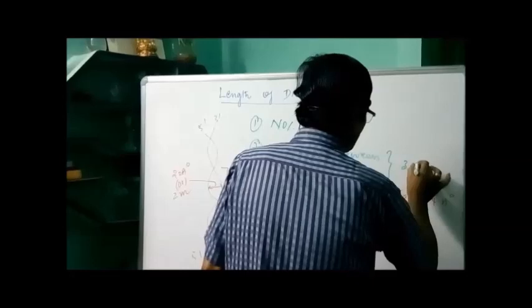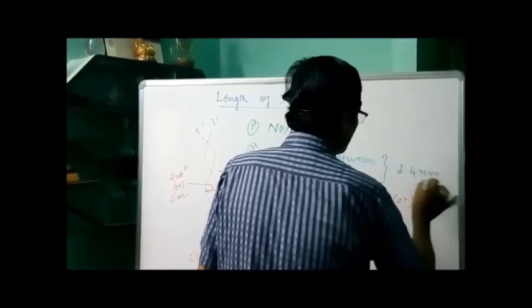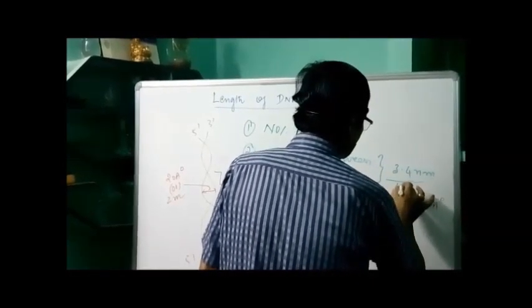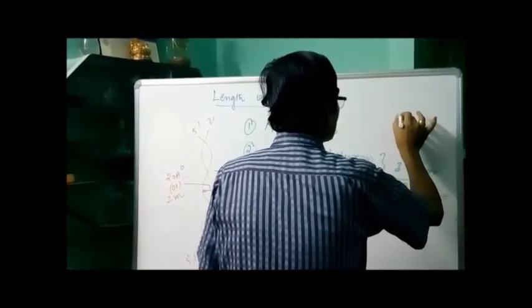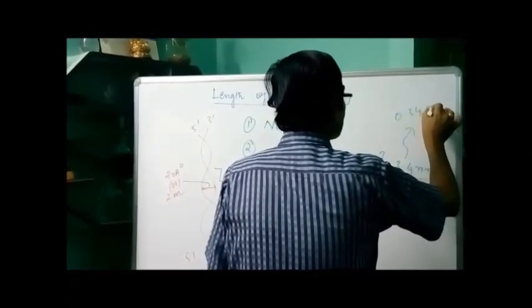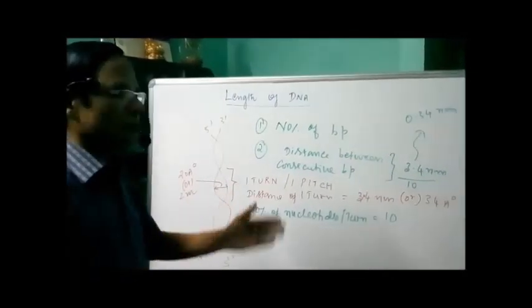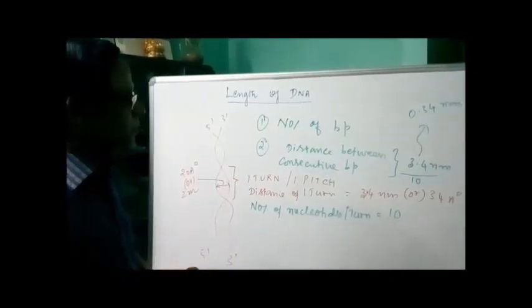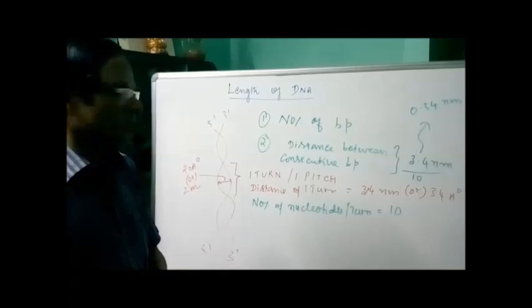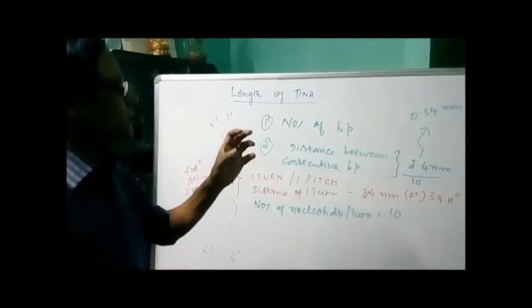The total length is 3.4 nanometer, divided by 10, so we get the value 0.34 nanometer. This is the distance between consecutive base pairs, or between adjacent base pairs and nucleotides.